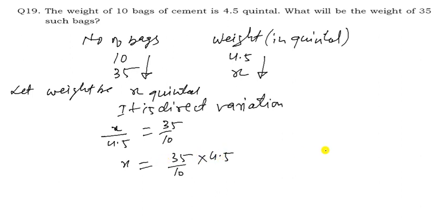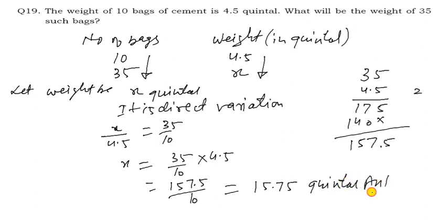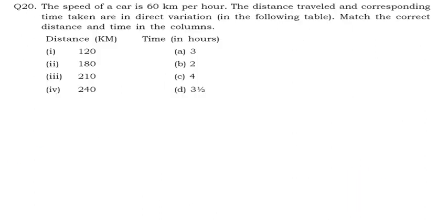First of all, you can multiply 35 by 4.5, 5 5s are 25, and so it becomes 157.5 upon 10, and that is 15.75 quintal. That is your answer.